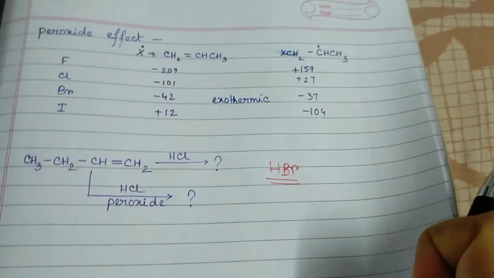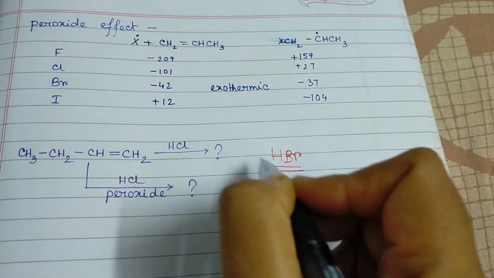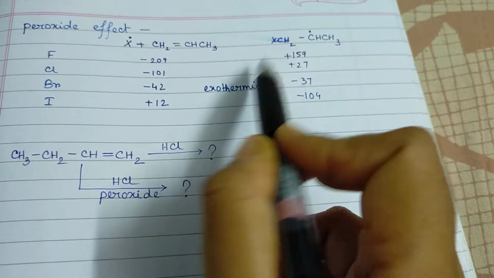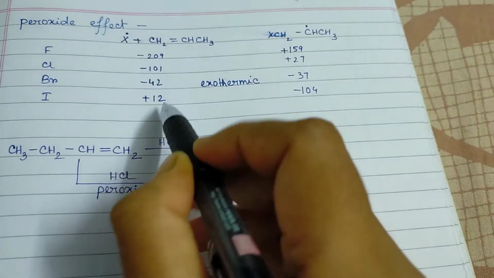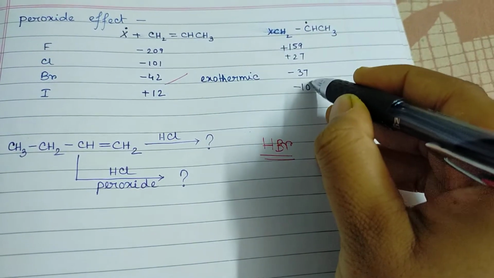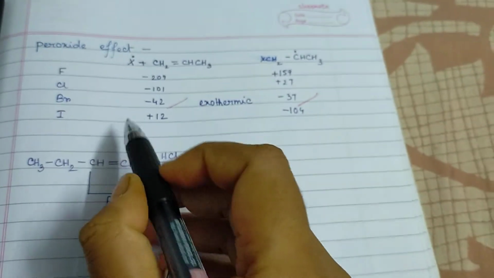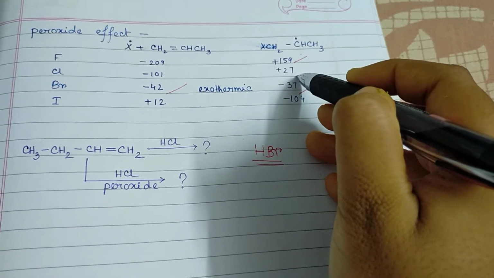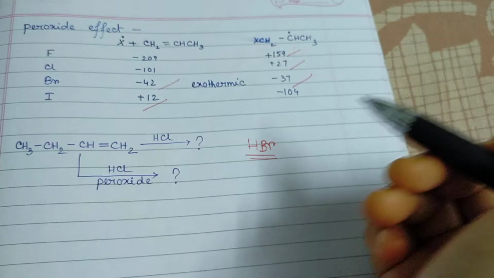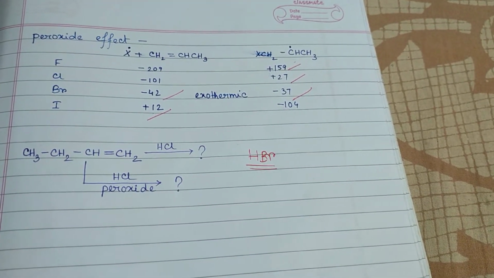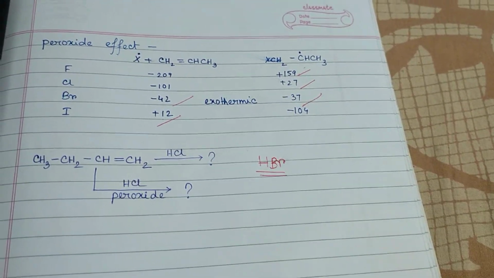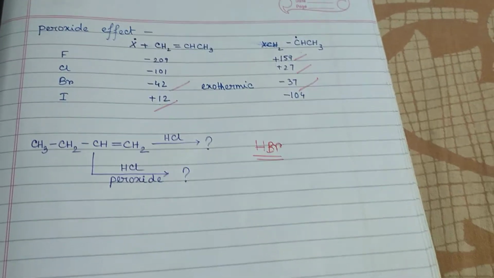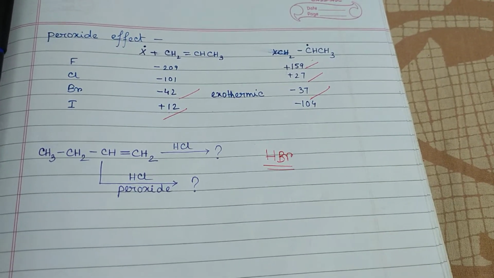But why does only HBr show the effect? Because for the two steps of this reaction, for bromine, both reactions are exothermic. But for HF, HCl and HI, one step is endothermic. That means the reaction has to be initiated by addition of energy. So because of this exothermic nature, only HBr shows the peroxide effect.